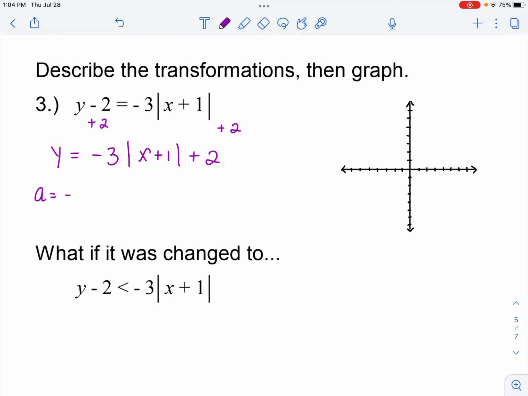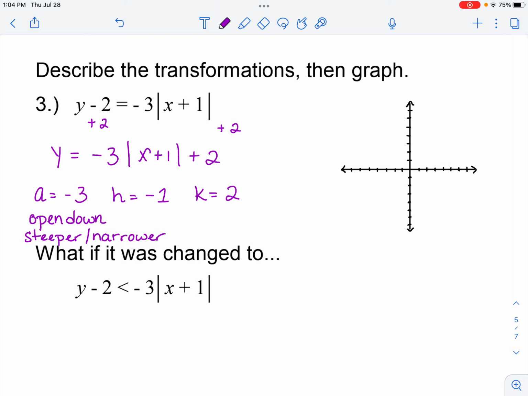So now I've got a equals -3. H equals, so I have x plus 1, so h is -1. And then k is the +2. So it's going to open down because I have a negative. And it's going to be a steeper graph because 3 is bigger than 1, so it's also going to be narrower.